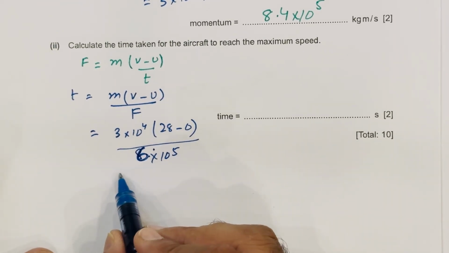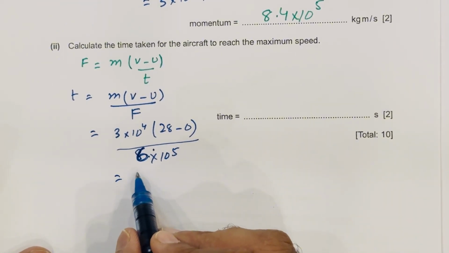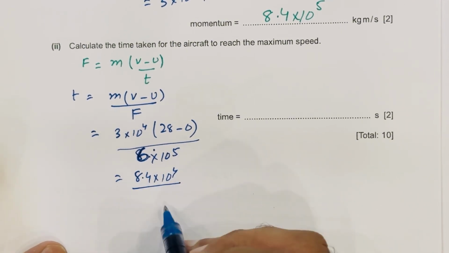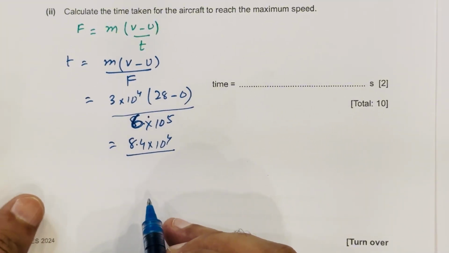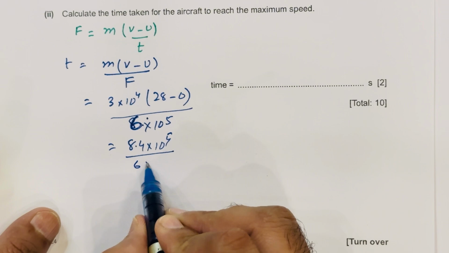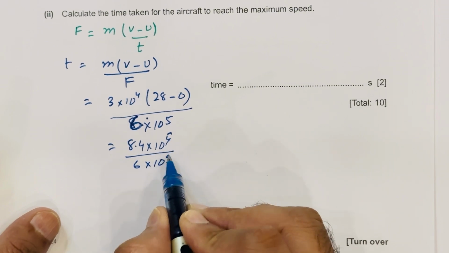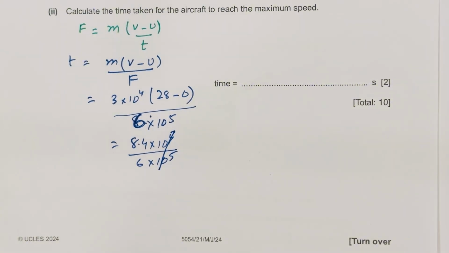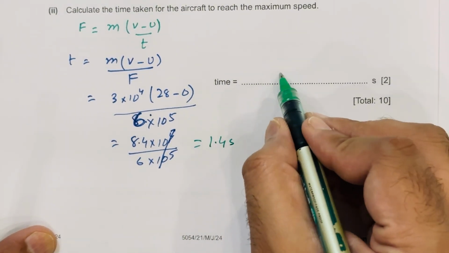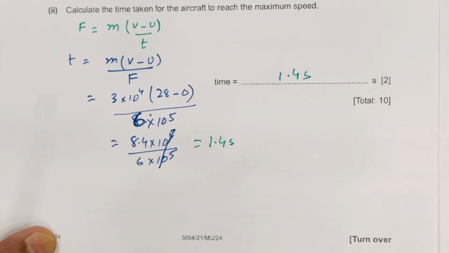After solving this, we get 8.4 into 10 to the power 4 over 6 into 10 to the power 5. We cancel these, and after dividing 8.4 by 6, we get the answer, that is equal to 1.4 seconds. So our answer would be 1.4 seconds.